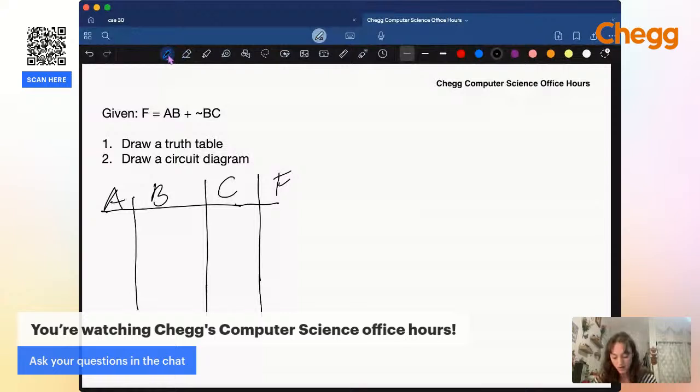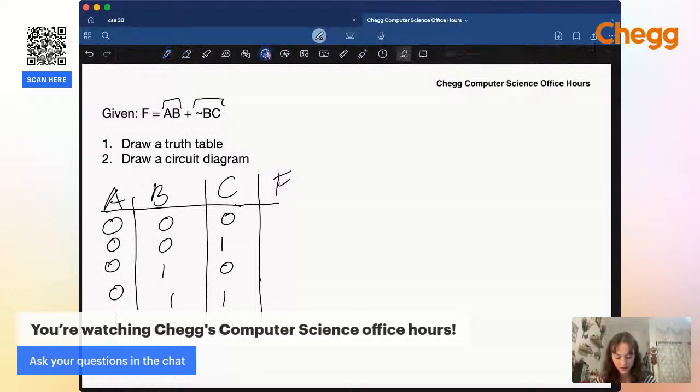Okay, so F will be true if A and B are true, or if B is false and C is true. So I'm just gonna draw out all our possible values. 0, 0, 0, 0, 0, 1, 0, 1, 0, 0, 1, 1, 1, 0, 0.